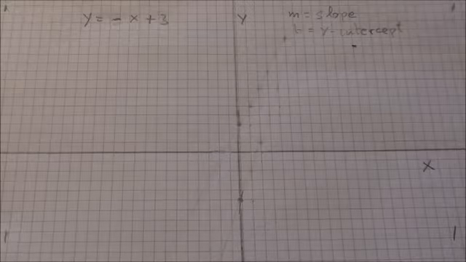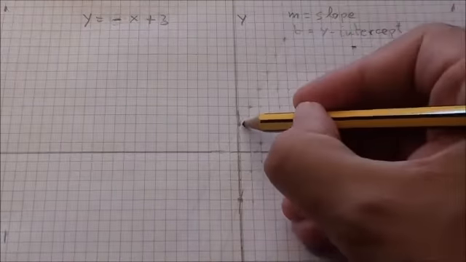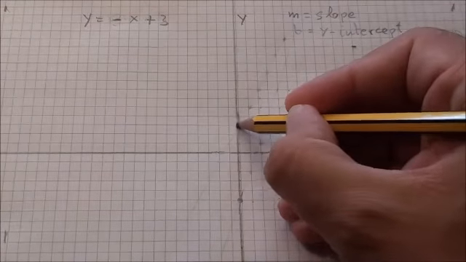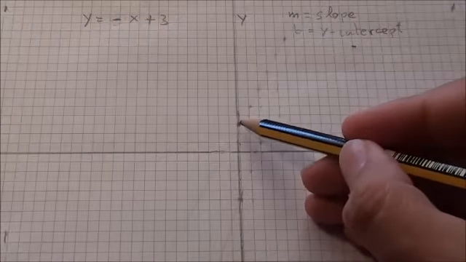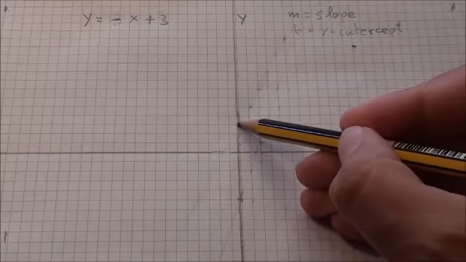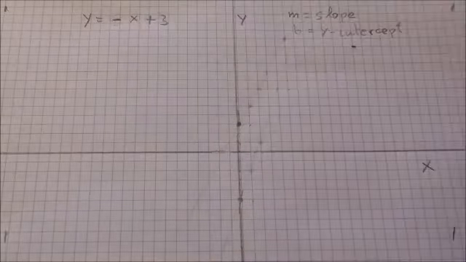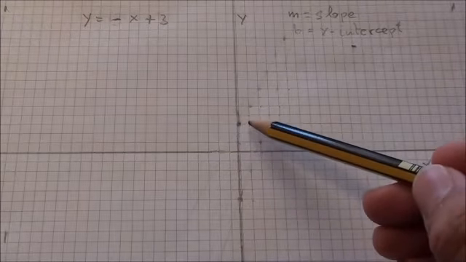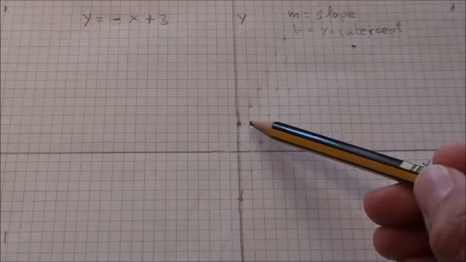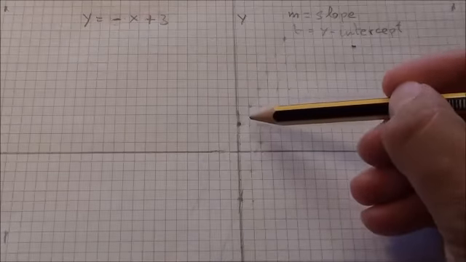So let's go again to the y-intercept 3. So we go back to this point, 1, 2 and 3. The line is going to hit the y-axis here at number 3. Now the slope is -1, so that means that for every unit we go forward, we go down 1 unit.